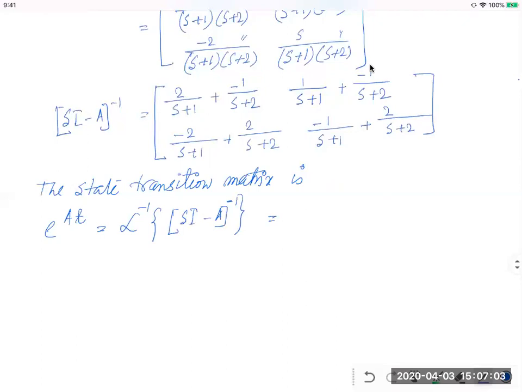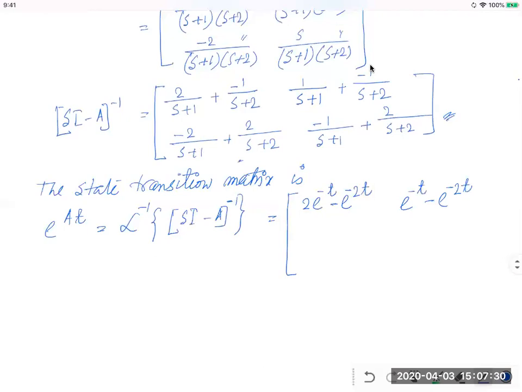So if we take the inverse of each element of this matrix, then the first element of row 1 is 2 e to the power minus t minus e to the power minus 2t. The second element is e to the power minus t minus e to the power minus 2t.